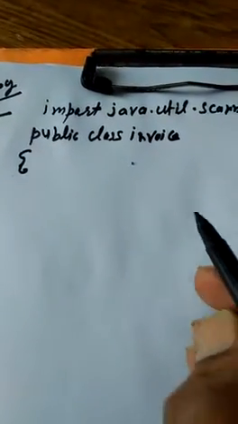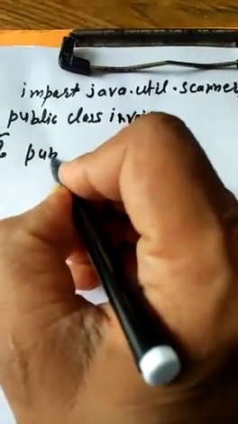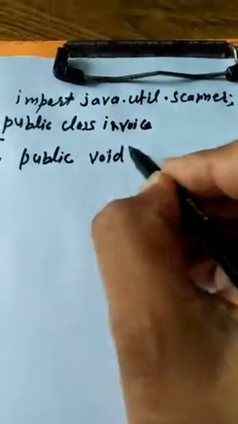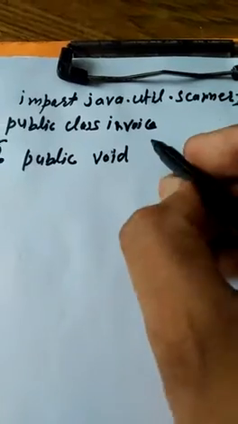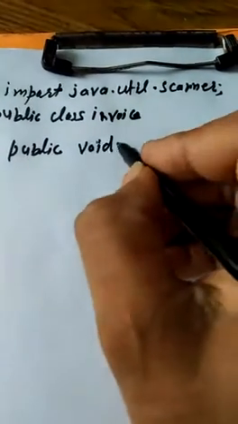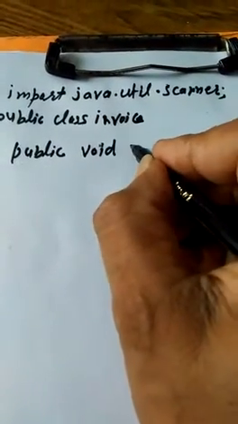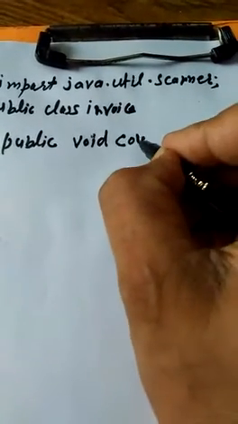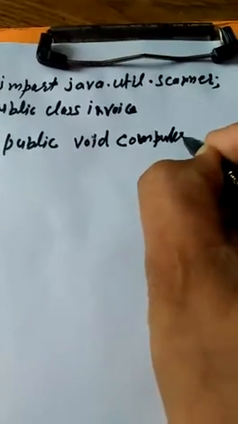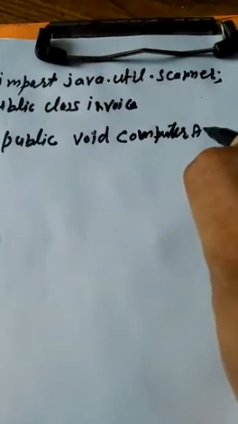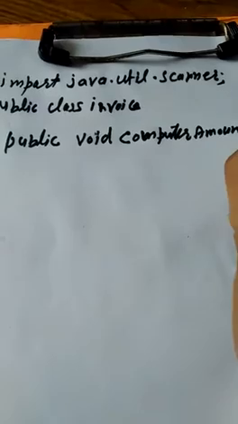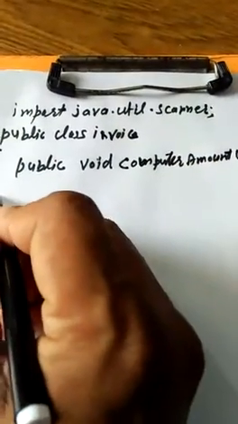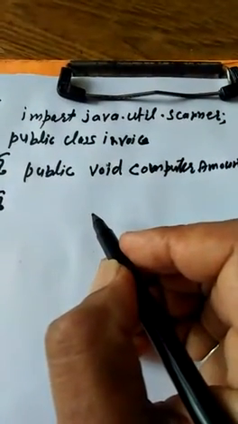Then after that we have to write public void, you know very well. You can write anything here, suppose computeAmount, and then the function, then again open brace.